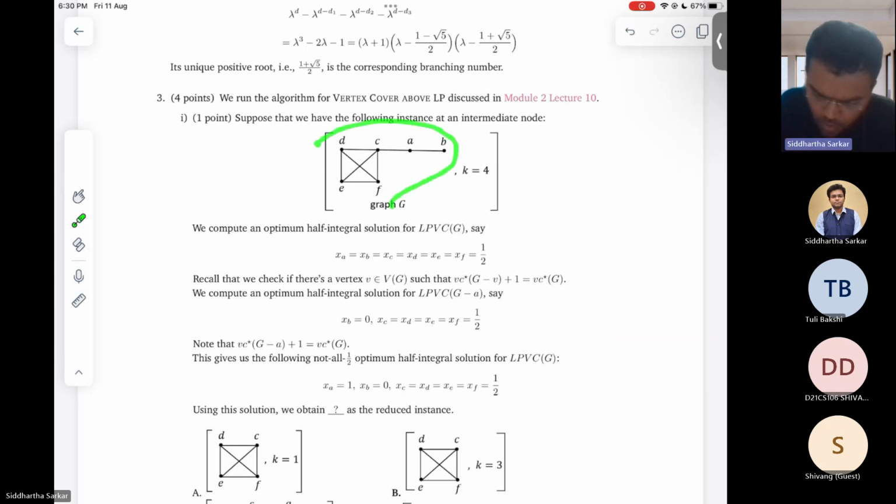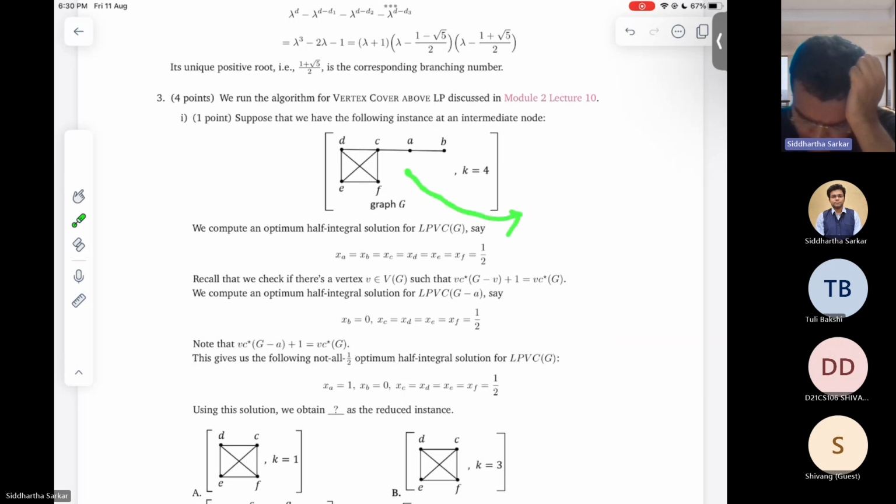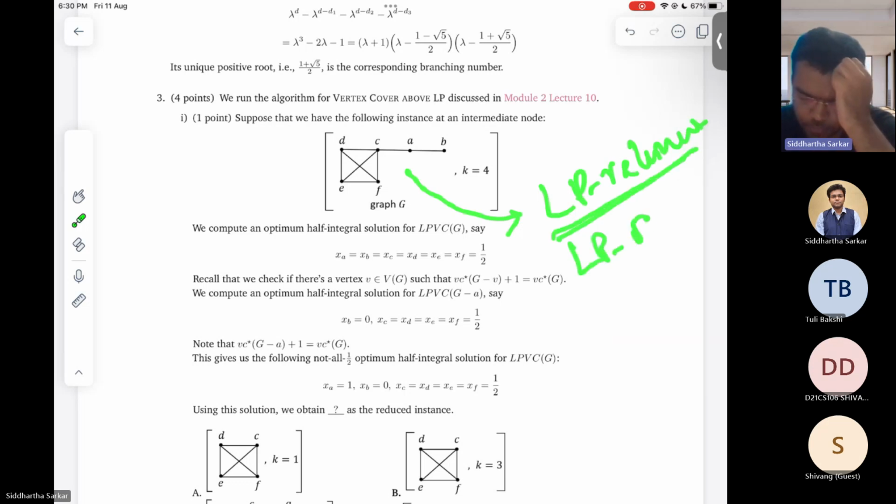First of all, we have to know what is the optimal LPOPT, the optimal LP value for this graph. So we write the corresponding vertex cover instance LP relaxation, and then we solve for it and we find the LPOPT.